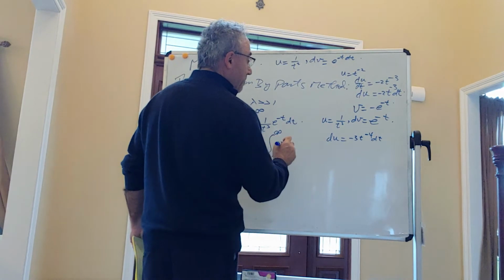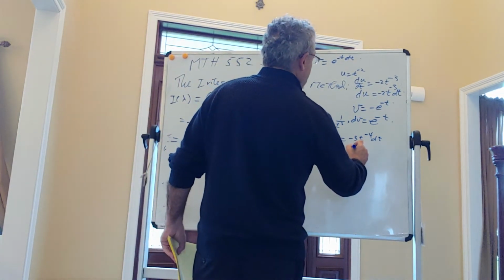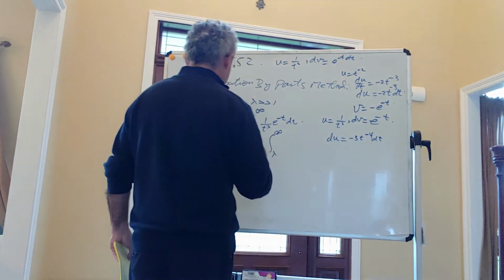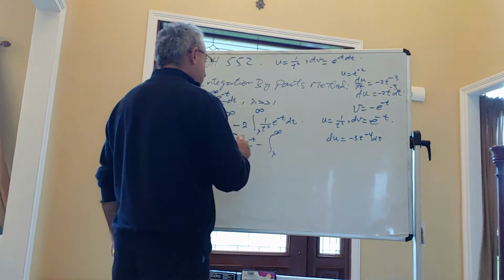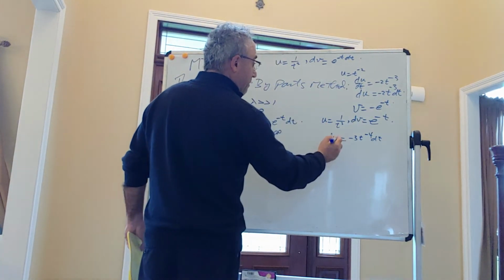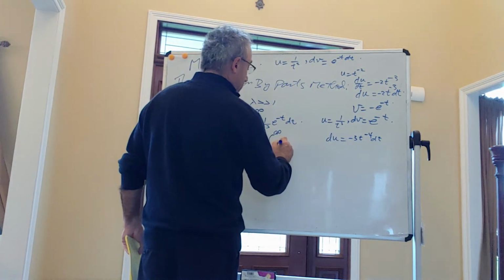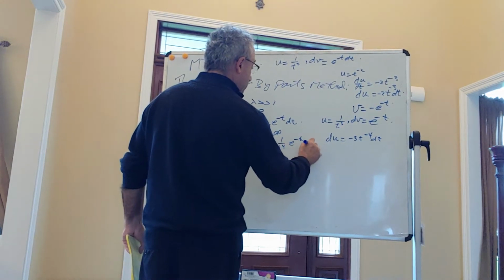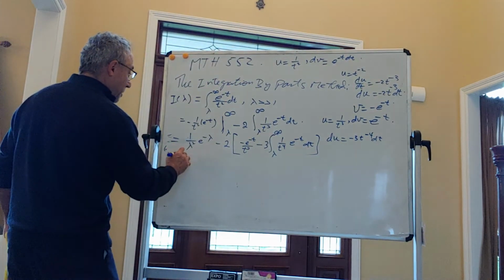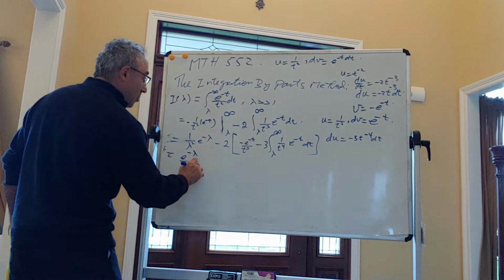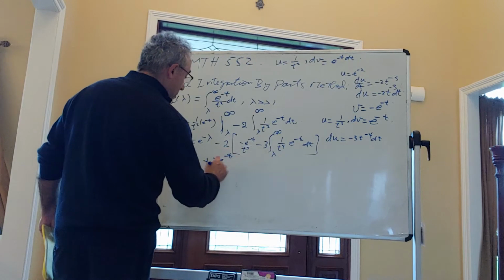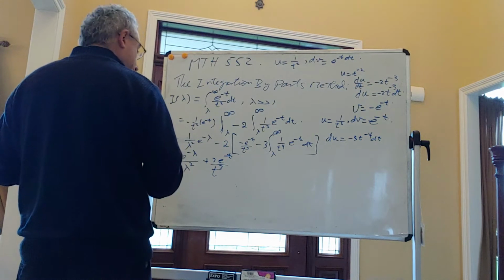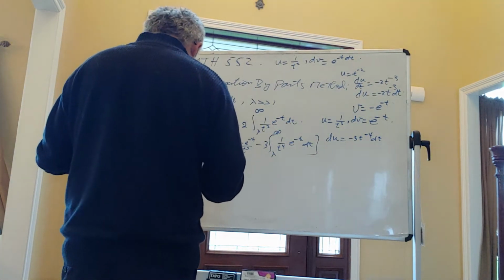And v is minus e to the minus t. So we have minus because they're all minuses. The integral from lambda to infinity of uv minus v du. Where is the v? And then this is going to be 3 times 1 over t to the 4 e to the minus t dt, and this is e to the minus lambda over lambda squared plus 2 e to the minus t over t cubed.